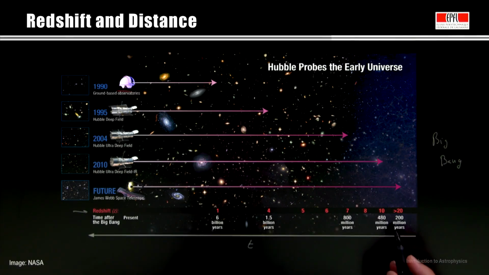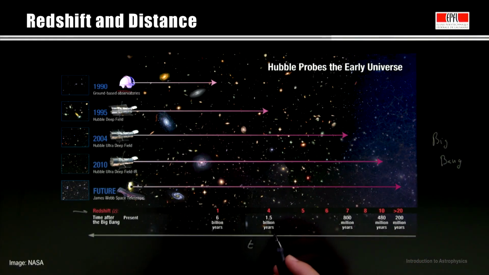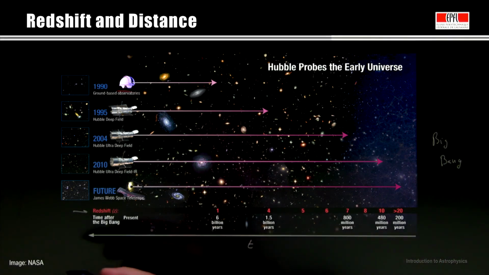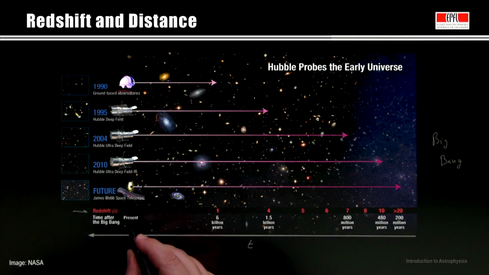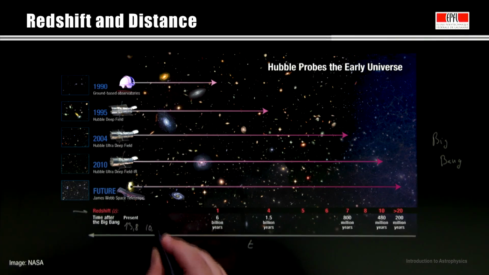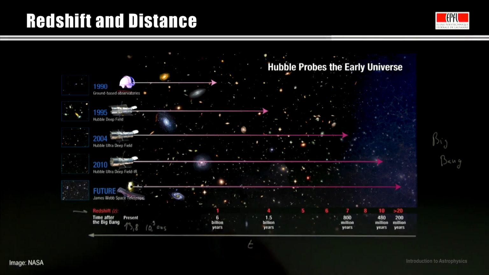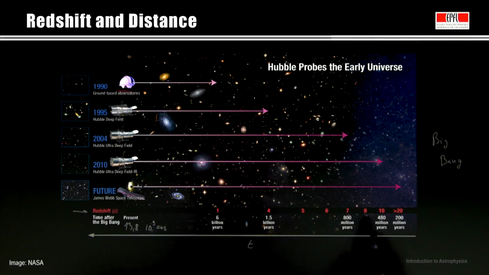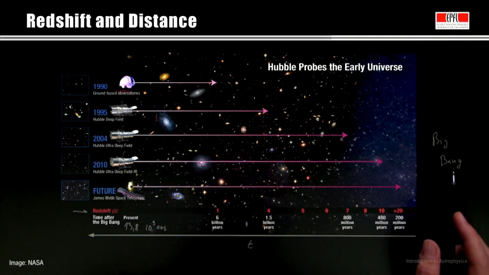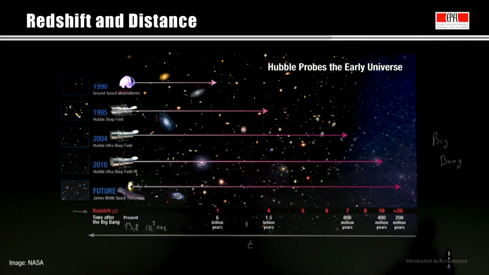And then time passes after the Big Bang. We arrive here, for example, at a redshift of 4, which corresponds to 1.5 billion years after the Big Bang. So time flows in this direction. At present time, we are around 13.8 billion years. And we will try to establish a connection between the redshift and time after the Big Bang, so the distance.